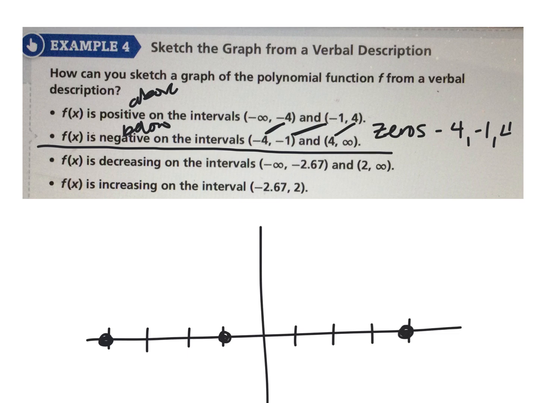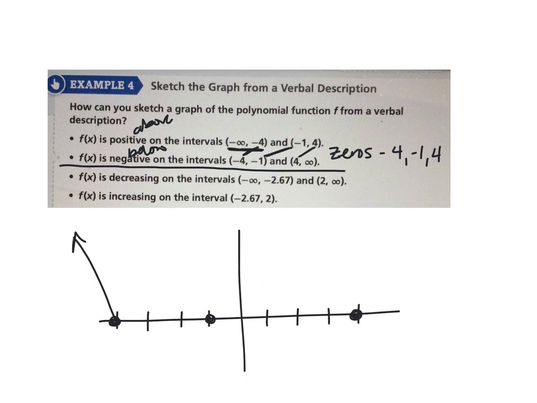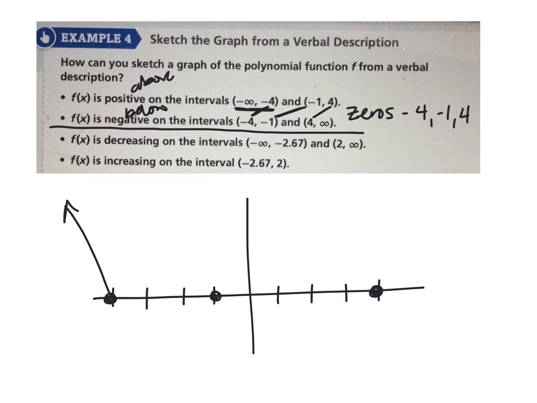I notice that this says the function is above on the interval from -infinity to -4. So from -infinity to -4, we're going to be above the x-axis. That's going to look something like this. I also know that it's going to be positive from -1 to 4. So somewhere in this zone, from -1 to 4, I'm going to be up here, above the axis.